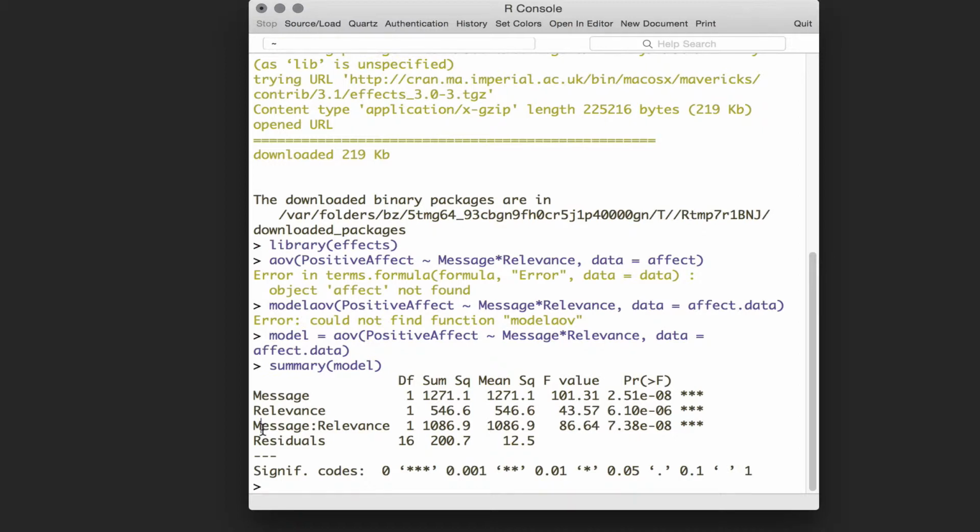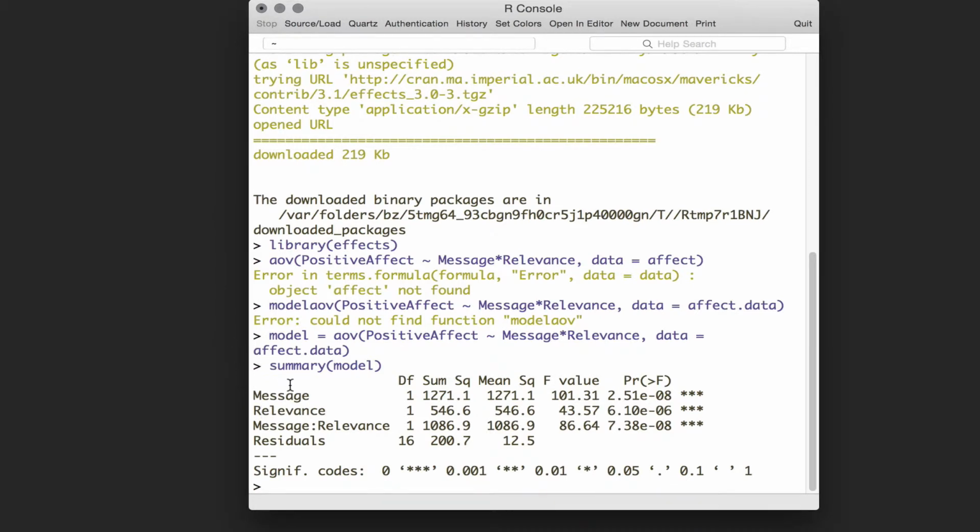So it may be that there's only a difference between messages when it's highly relevant, or there's only a difference between the two message groups when the relevance is low, or that the difference is much bigger when a message is highly relevant versus when it's not relevant.